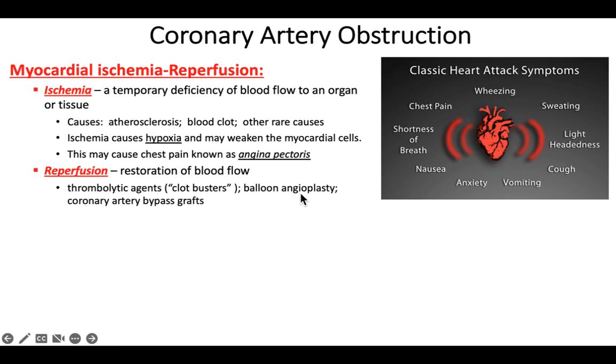We can open up that coronary artery by using a balloon angioplasty, which is a little balloon catheter that inflates and kind of squeezes open the artery. And then quite often they'll leave behind a stent, which keeps that artery open. In severe cases, they can do what's called a bypass, a coronary artery bypass.